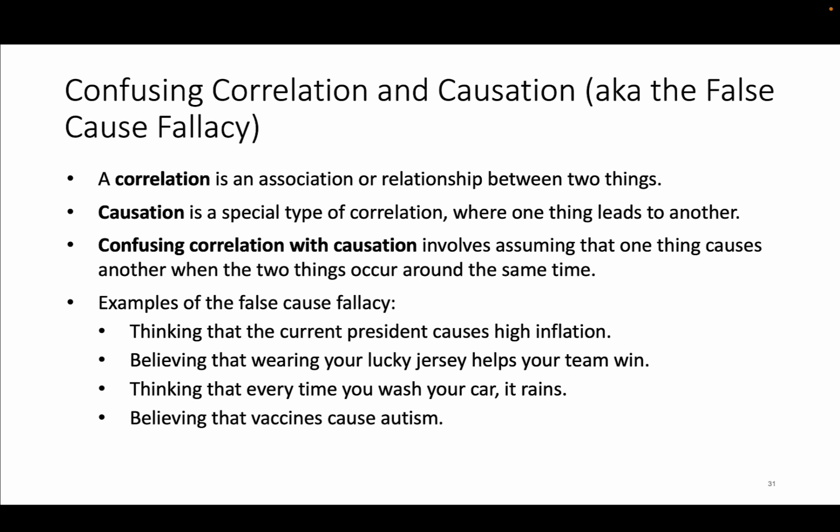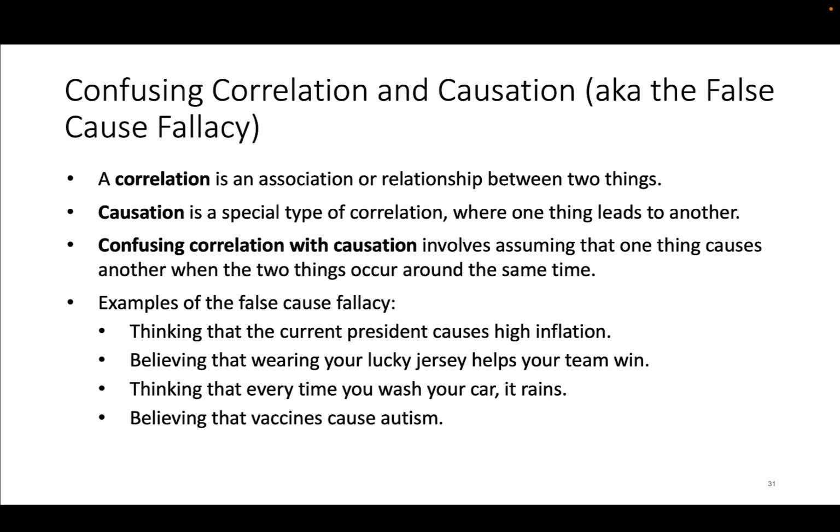So things might be correlated somehow, but that doesn't mean one thing caused the other thing to happen. In fact, sometimes the only relationship between two things is that one thing happened before the other thing, or occurred around the same time as the other thing.